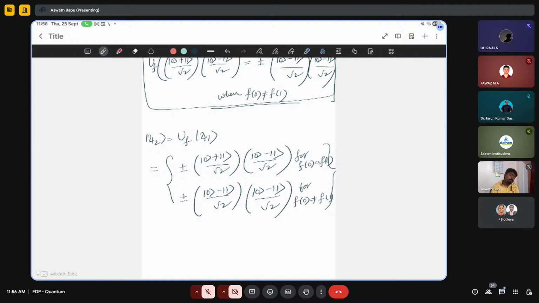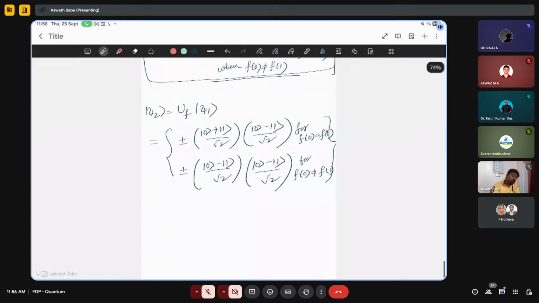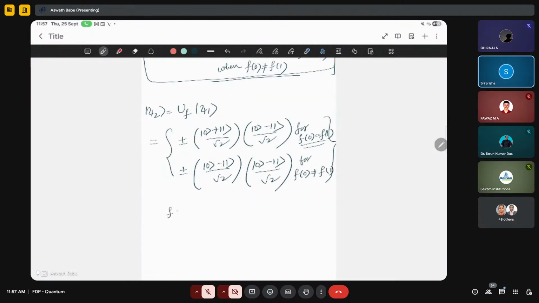Now carefully, if we just see, in the above case, the functional values both can be 0. Function values both can be 0 means I will get a sum equal to 0. When function values both can be 1, again I will get the same, for f of 0 is equal to f of 1.